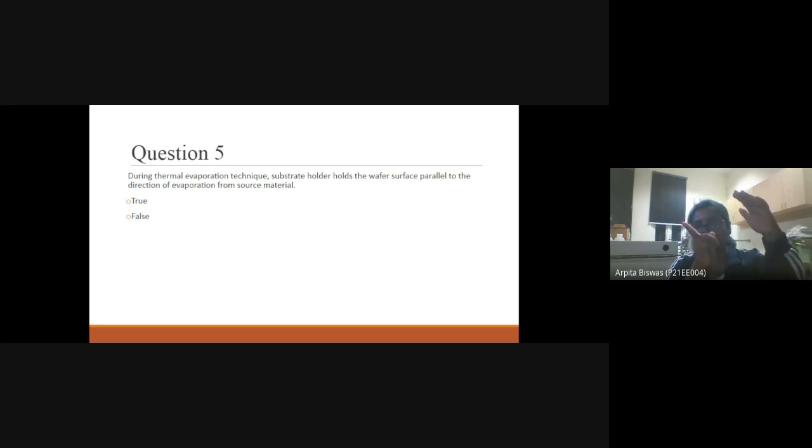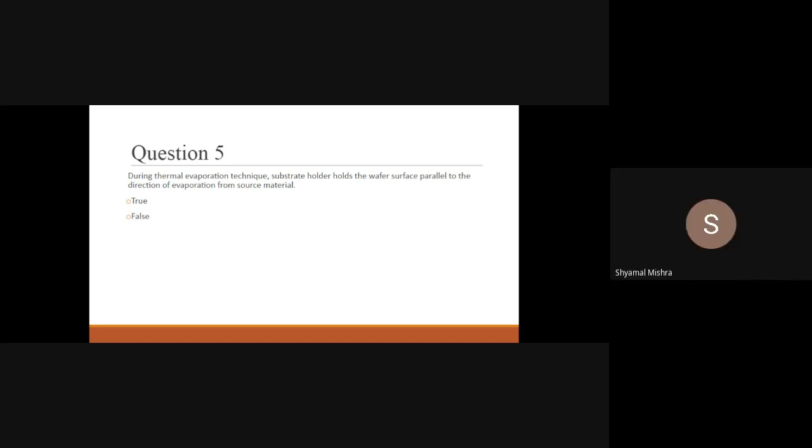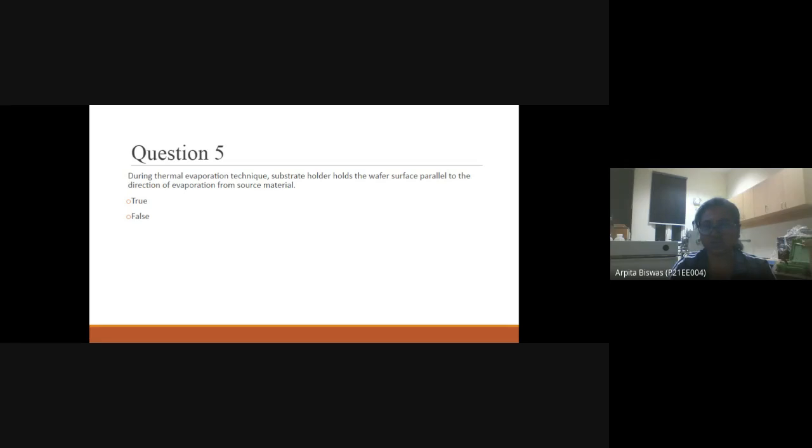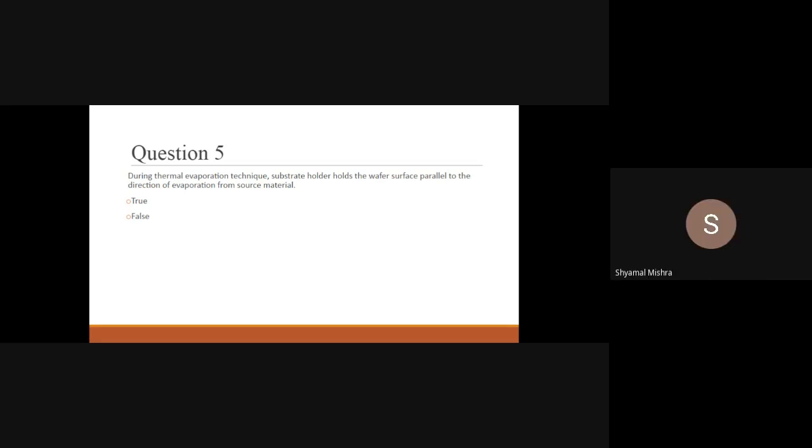So the angle between this is not parallel, because in a sputtering system the source material and the place where we have to deposit are parallel. But for the thermal evaporation technique it is perpendicular to each other, right? Okay, ma'am. So here the right option is false.